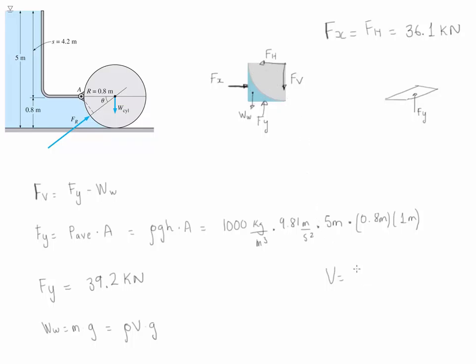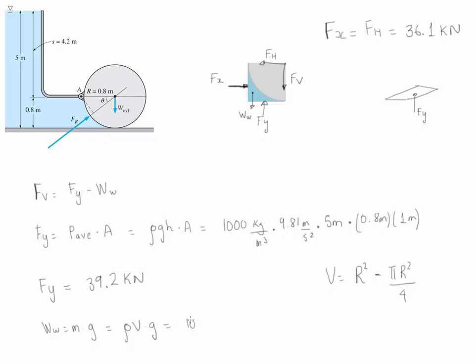So the volume is going to be r squared, that is the area of the square, minus a quarter of a circle, so pi r squared divided by 4. So that's the total volume that we have.